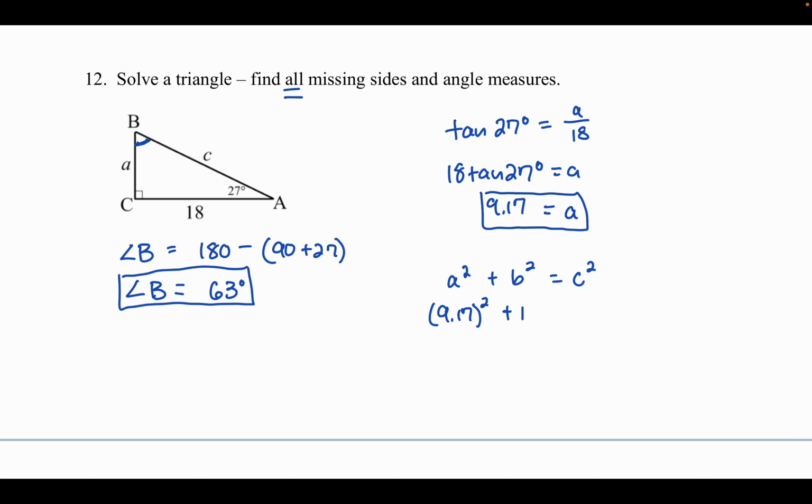Plus 18 squared equals C squared. Take a moment to solve that, and you will get that C equals 20.20.